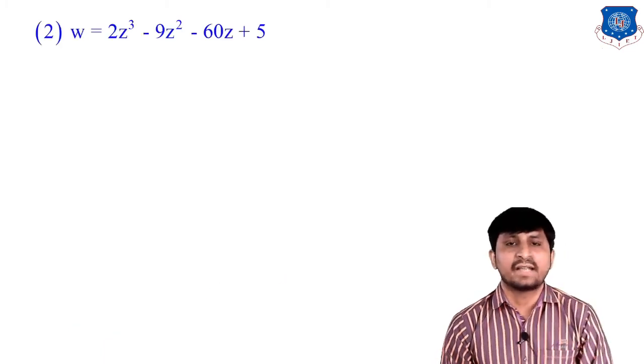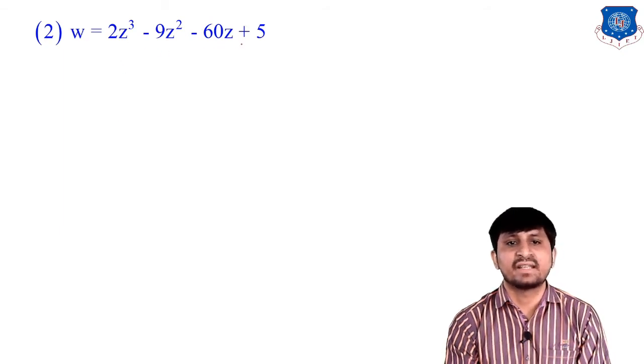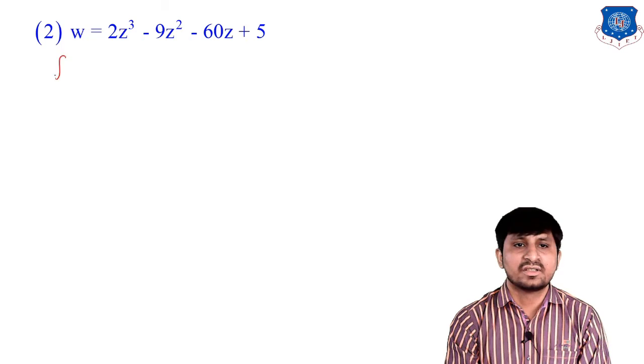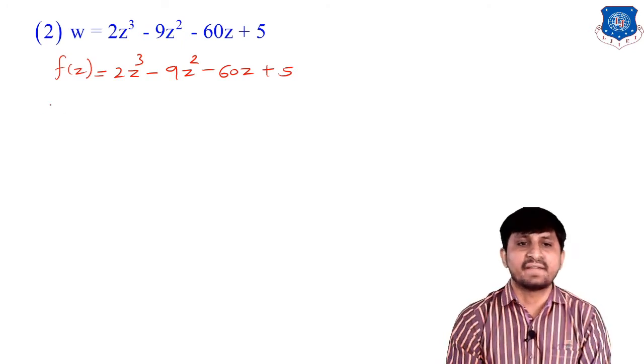Okay. Next example, w equal to 2z cube minus 9z square minus 60z plus 5. So this is my f of z. W is equal to f of z, that is 2z cube minus 9z square minus 60z plus 5. And we find f dash z.